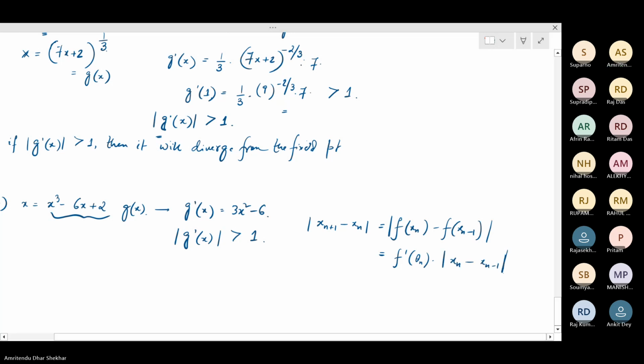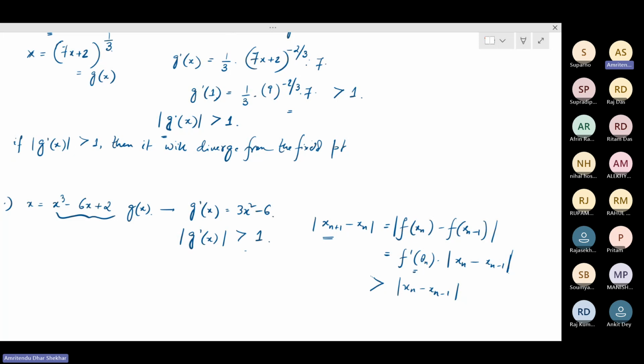But this f dash theta n is greater than 1. So this quantity is actually greater than xn minus xn minus 1. So the sequence that you are computing is not a convergent sequence. It's in fact a divergent sequence, because these numbers are going to get bigger and bigger. So if g dash x is greater than 1, you will never converge to the fixed point.